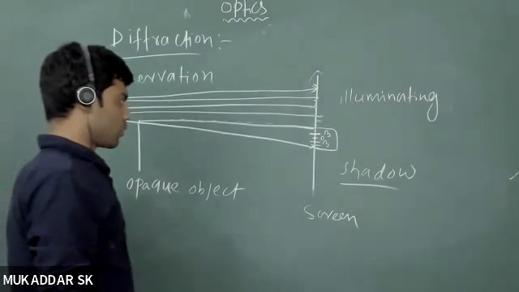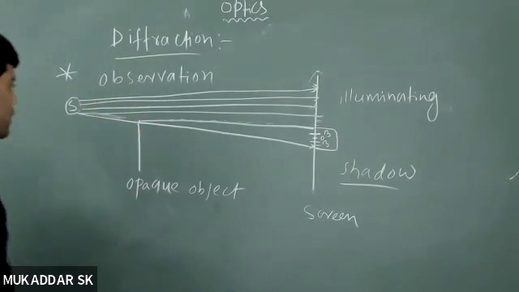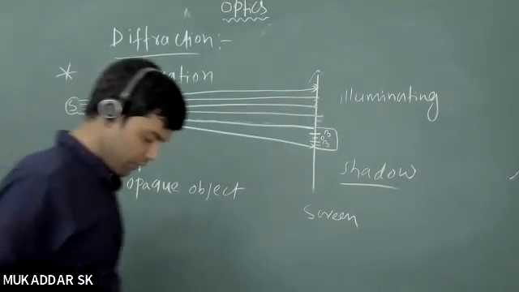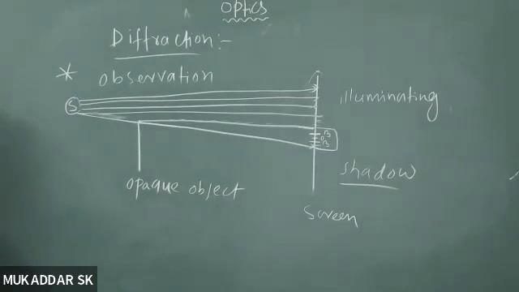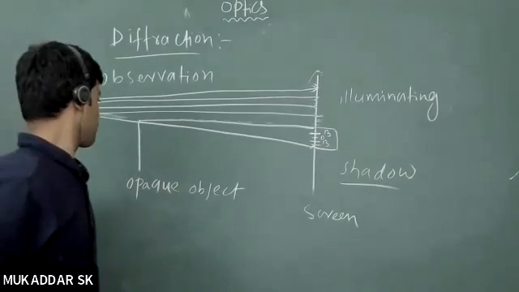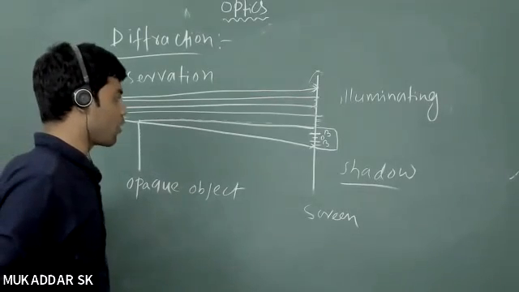Okay. So from here you can write the phenomenon of diffraction. What is diffraction actually? Diffraction is nothing but bending of light when it strikes the edge of opaque object.